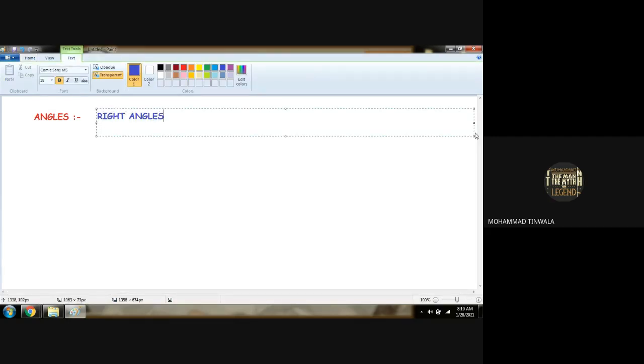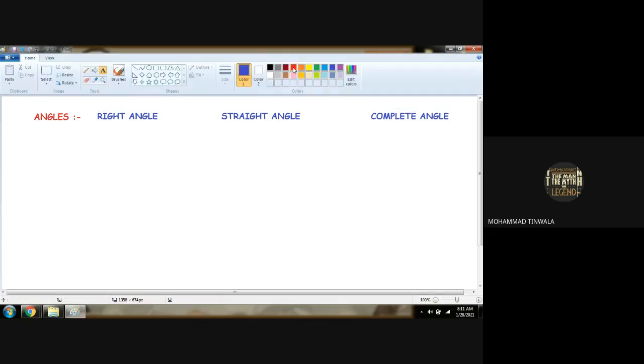Right angle, straight angle, and complete angle. What do you mean by right angle? Can anyone tell me what do you mean by right angle? 90 degree. Very good, beta.